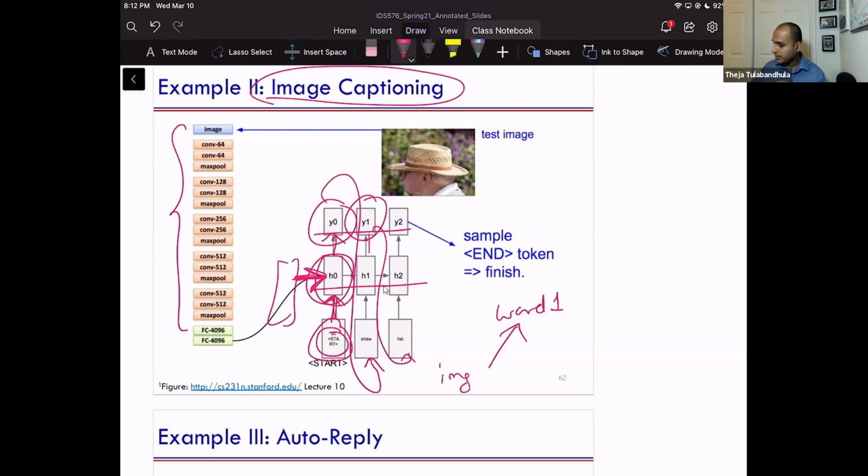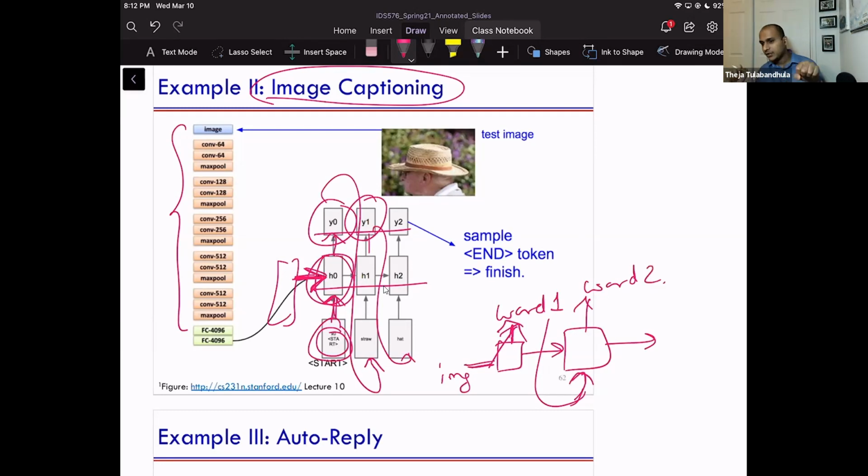And then from word 1, and there's also a hidden vector that's produced on the image, the word 1 is passed to get word 2 and so on. I hope it's clear. You generate one word at a time. You create the first word, then pass it as an input, while using the previous RNN stage's output. Both of them together will produce the second word, and so on. Okay, so that's what's happening there.